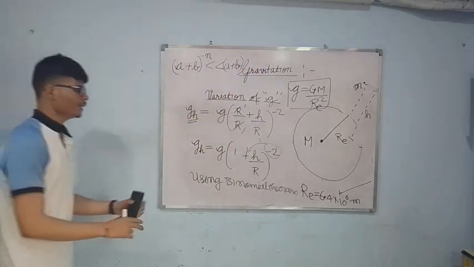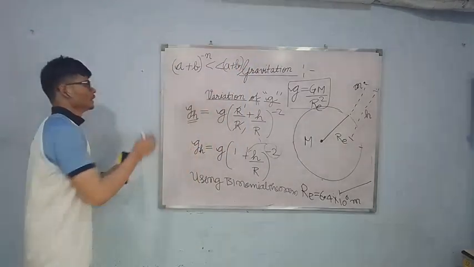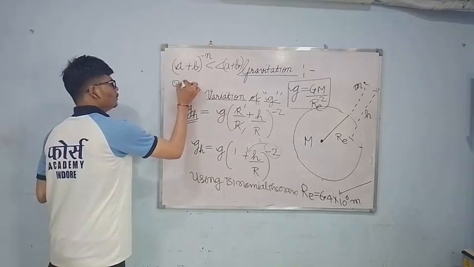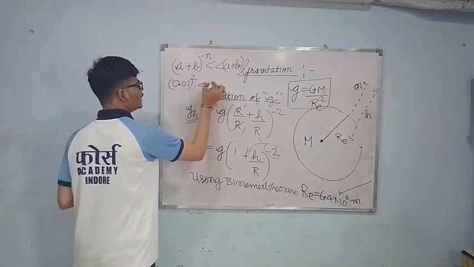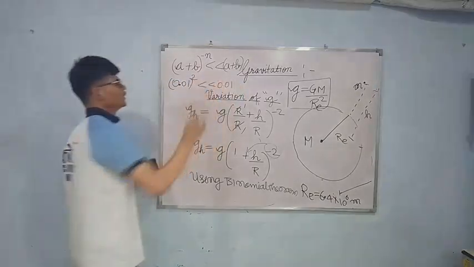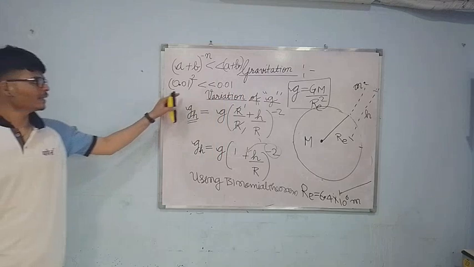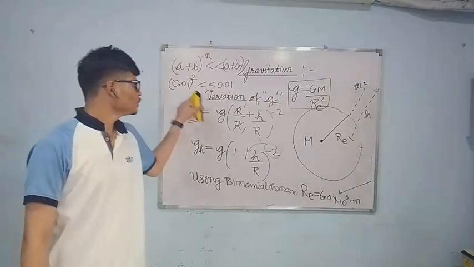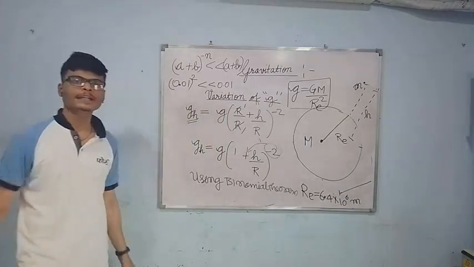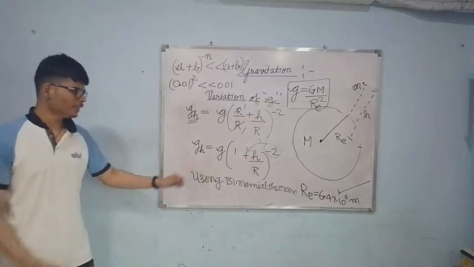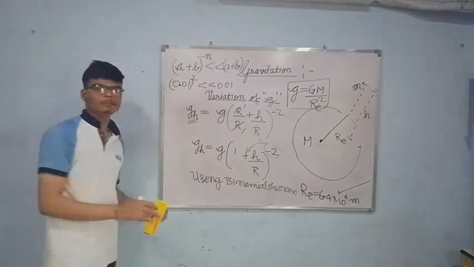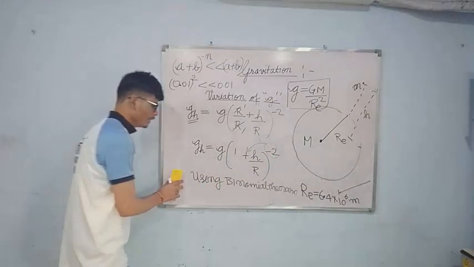For example, 0.01 whole square is very much less than 0.01. Using this property, the square becomes smaller in case of small decimal digits.